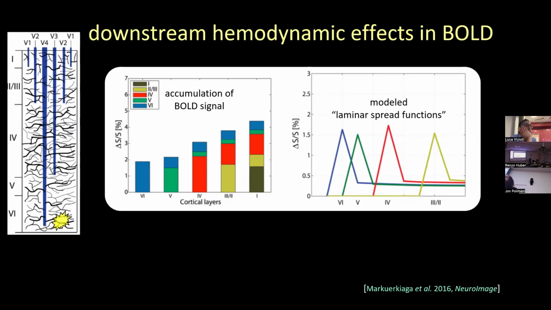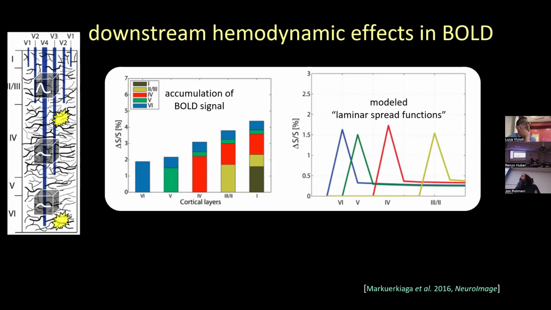And so if we have activity in layer 6, we expect to see some BOLD response around layer 6, and that's going to be drained upwards. We're also going to see some BOLD in layer 4. And this gets even worse if we have more neuronal activity in the top of layer 4. We expect to see an integration or accumulation of the BOLD signal in the superficial cortical layers.